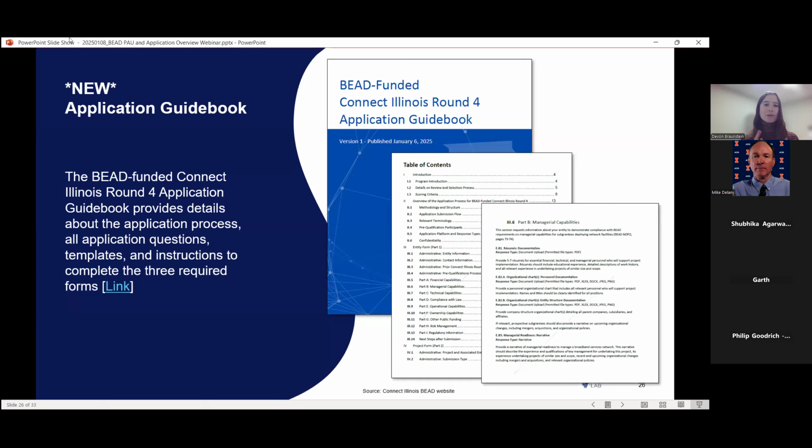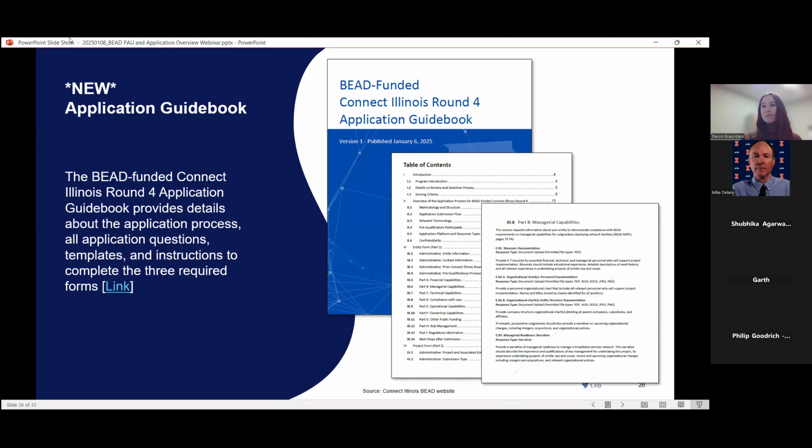The idea behind the application guidebook is that it gives more context into the how. So what is the program? What's the background? What's the story? It includes all of the application questions along with the expectations for each question, whether it's a yes or no question, whether you should provide a narrative, upload a template, and then instructions and links for actually completing the application.